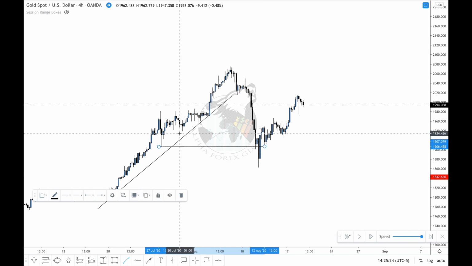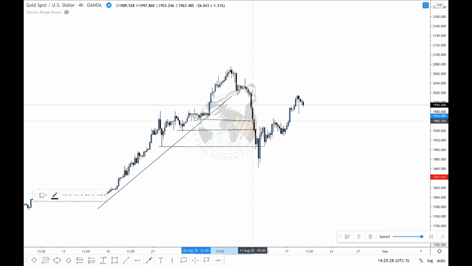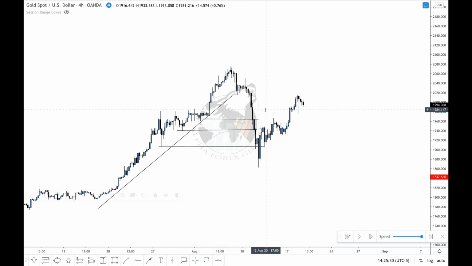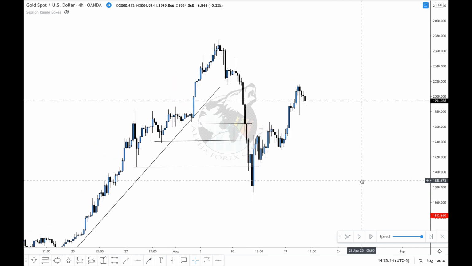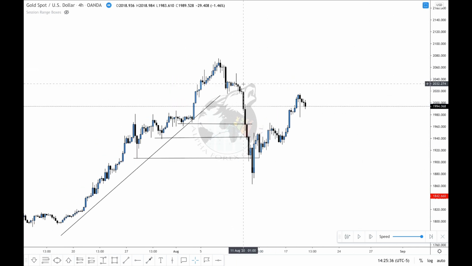And you can say it broke multiple structures if you want, but the important thing is that it broke structure, right? Now look at how aggressively the market broke structure, and look at how corrective the market is going back to the upside, right?